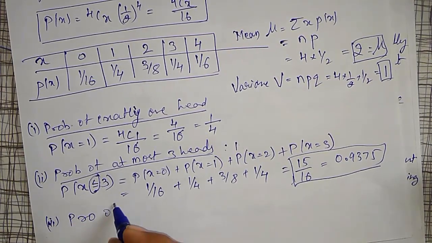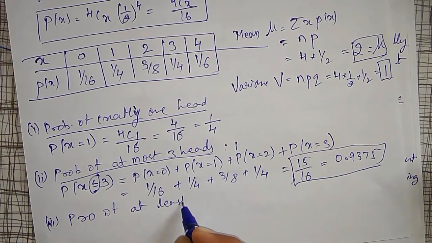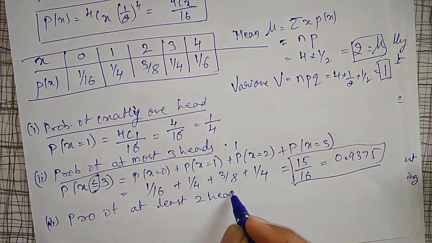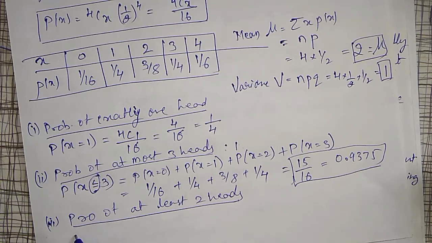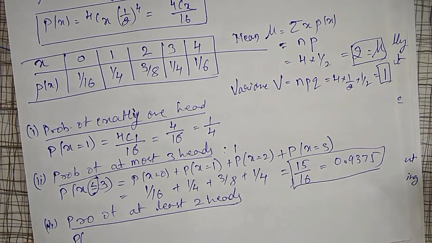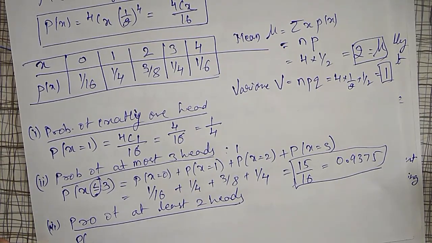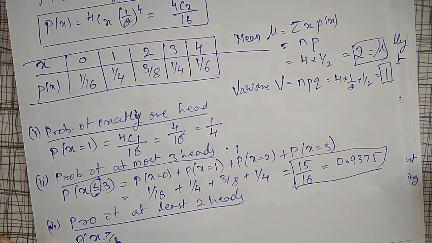Like that, third case, probability of at least 2 heads is mentioned. Whenever the at least term is coming, I may get 2 heads or 3 heads or 4 heads here. At least minimum 2 heads I should get. Then represent it as x greater than or equal to 2.